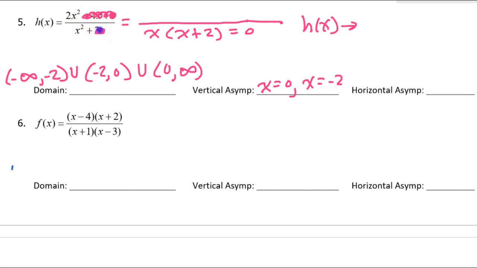In the denominator, the 2x is going to become insignificant. So this function will approach 2x squared over x squared. The x squared will cancel each other out, so that equals 2. So that's a constant, so that's a horizontal asymptote at y equals 2.